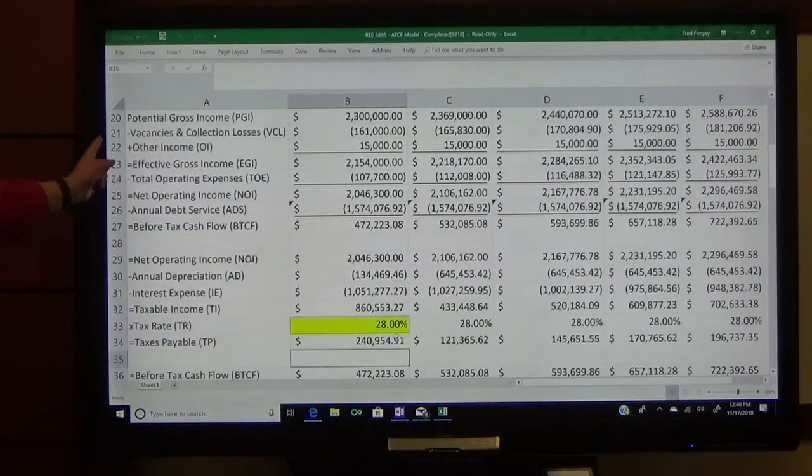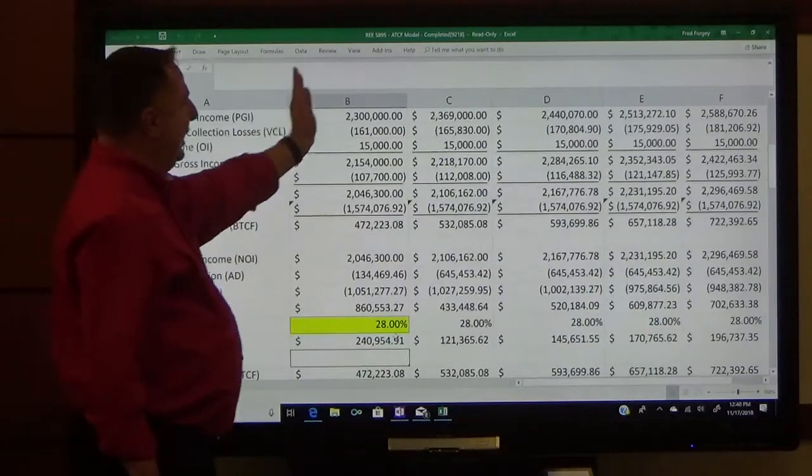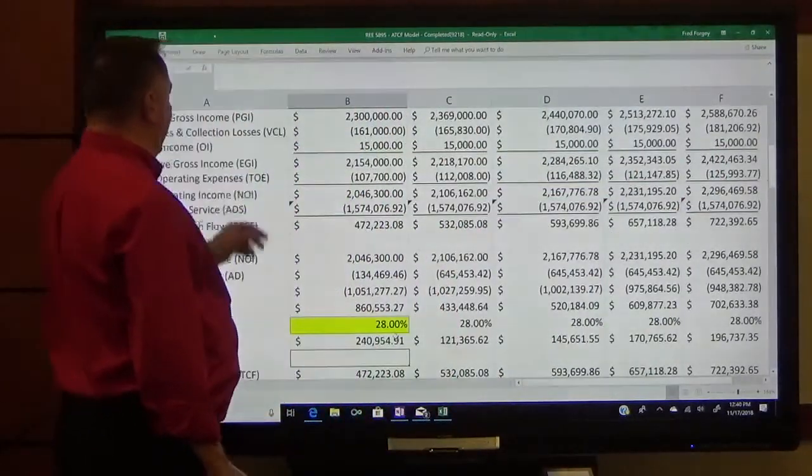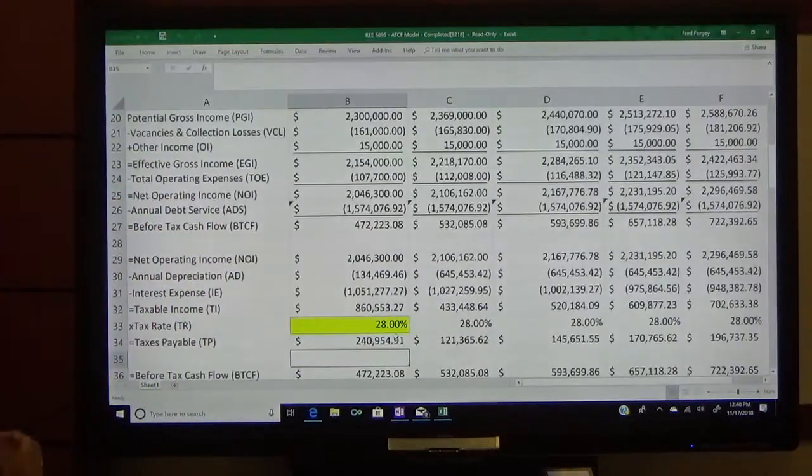Now to get the future years of each of those line items, if we go back up here, let's take year 2 for potential gross income. You're going to take the first year and multiply it by 1 plus the growth rate, which I think was 3%. You can look at it on your handout.